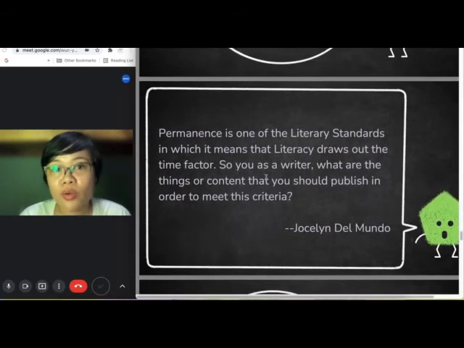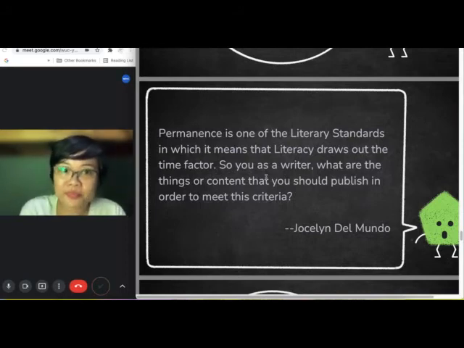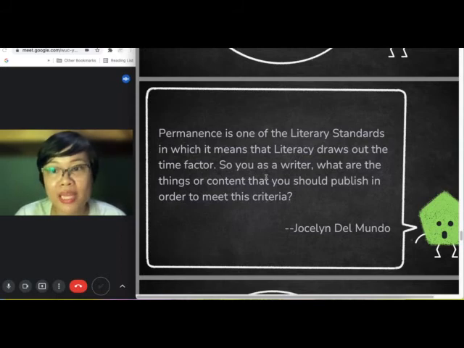So the next question is, permanence is one of the literary standards in which it means that literature draws out the time factor. So as a writer, what are the things or contents that you should publish in order to meet this criteria? Well, Jocelyn, permanence is something that cannot be achieved right away. So as a writer, you cannot predict it.